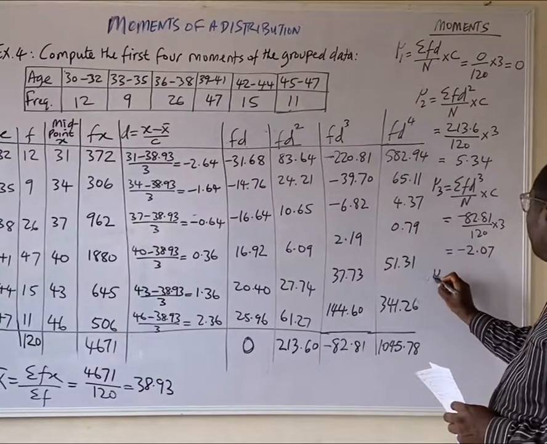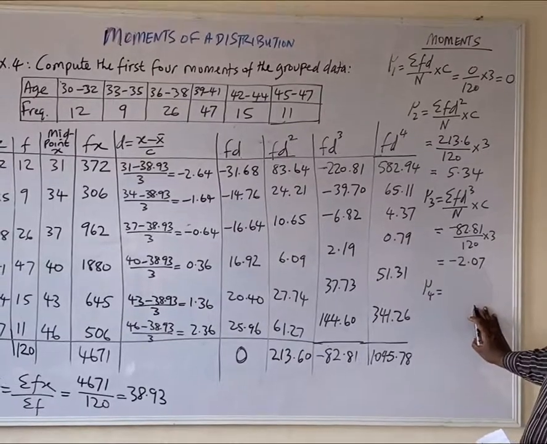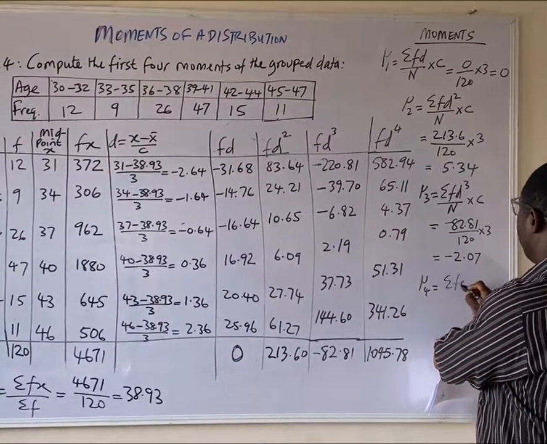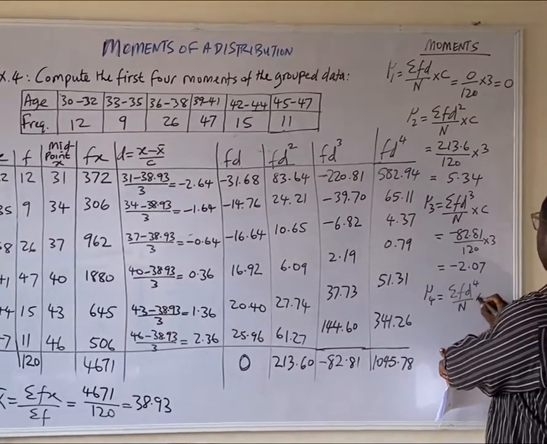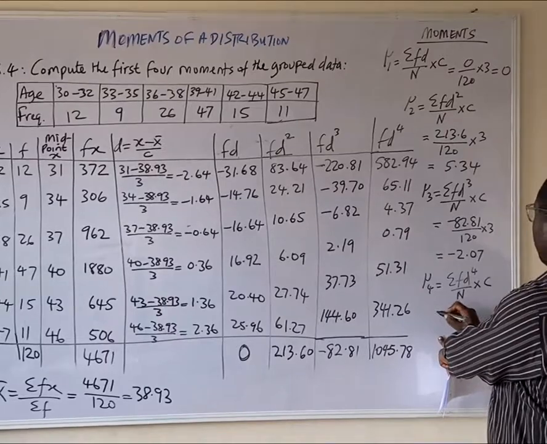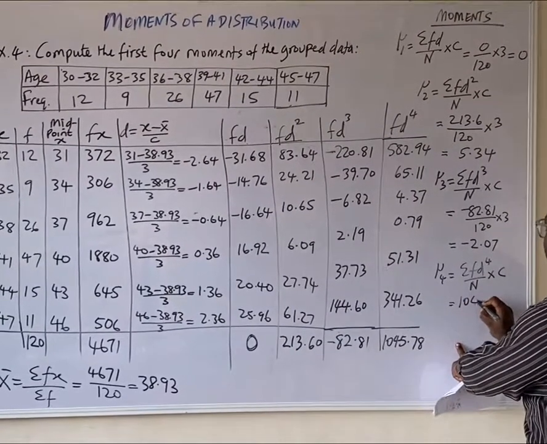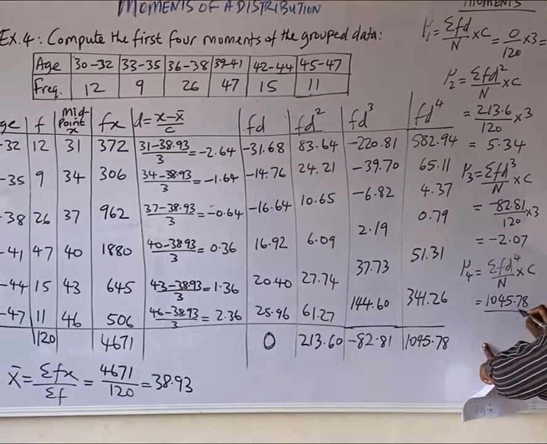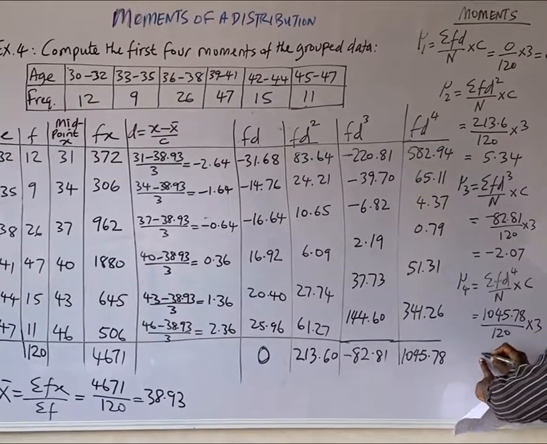Now the last moment is mu 4, which is given as summation FD raised to power 4 all over n times c. What would that give us? That's going to give us 1045.78 all over 120 times 3.